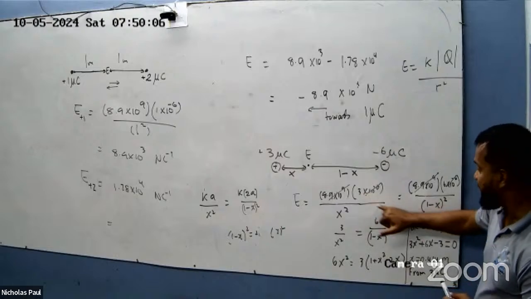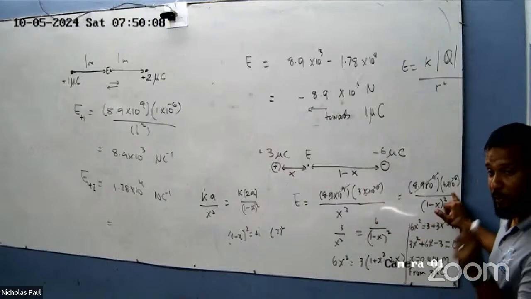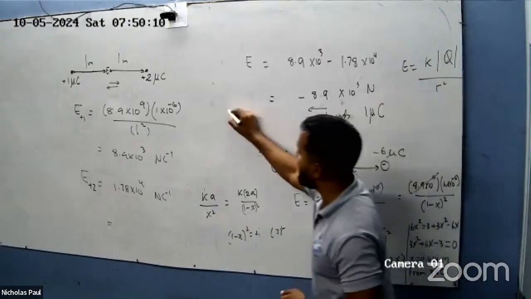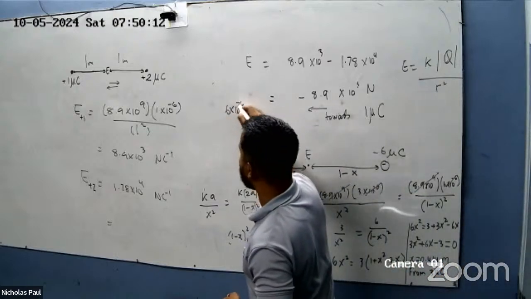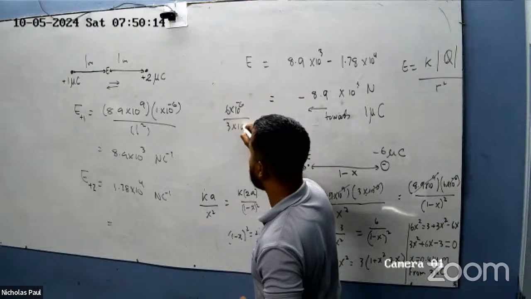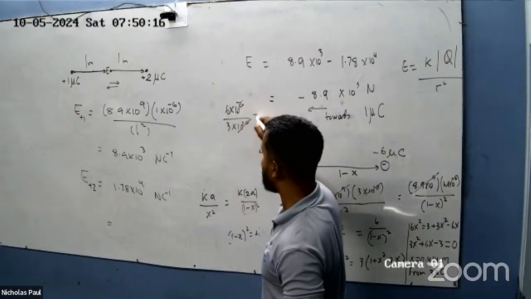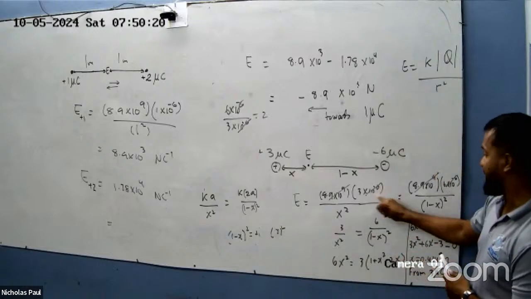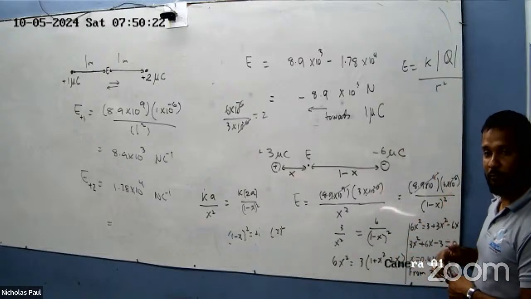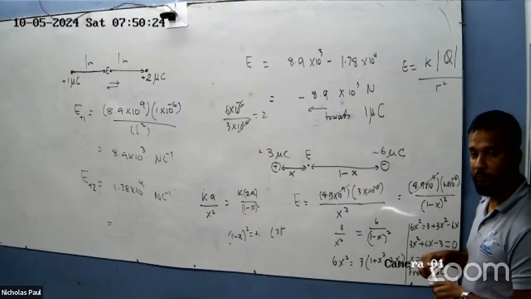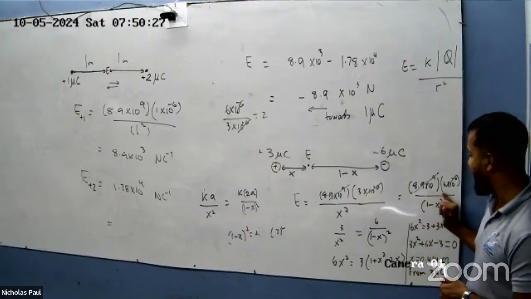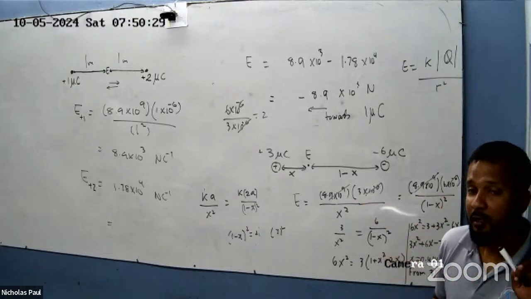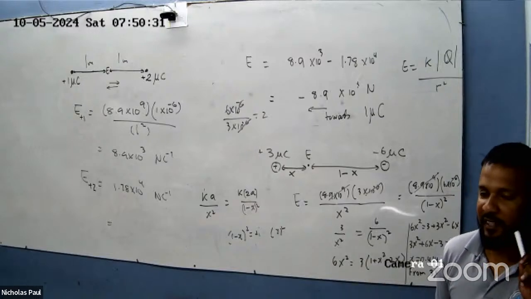If I move this across here, it will be 6 by 10 to the minus 6 all over, it cancels and you'll get 2. That's all I did. So I just divide both sides by 10 to the 6, and you carry the negative value for it.